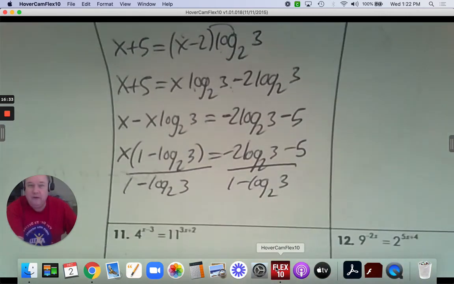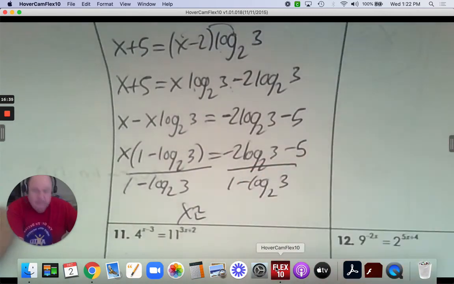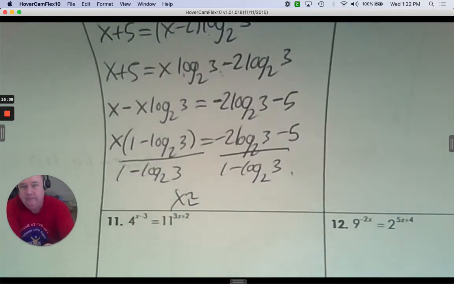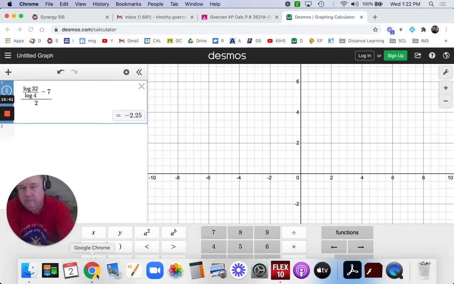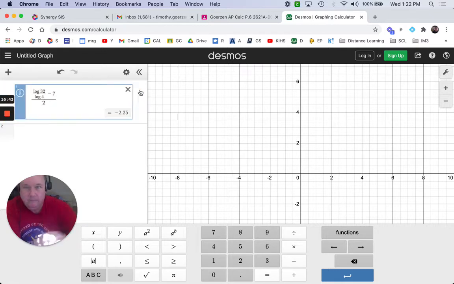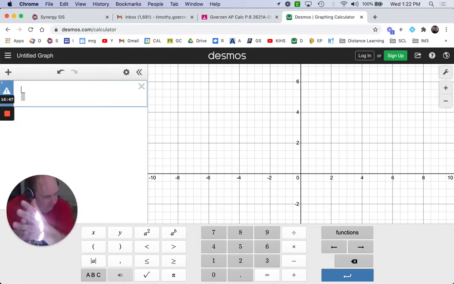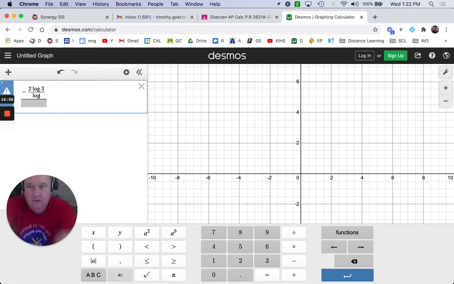All right, so there's the exact answer. Now we're going to use our calculator to type that in. So let me type that in. Start with a fraction. Then it's negative 2. And to type the logarithm in, you go log 3 divided by log 2.